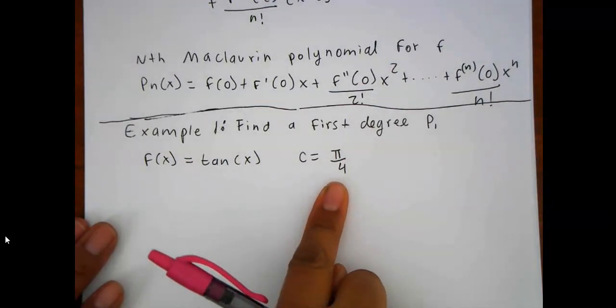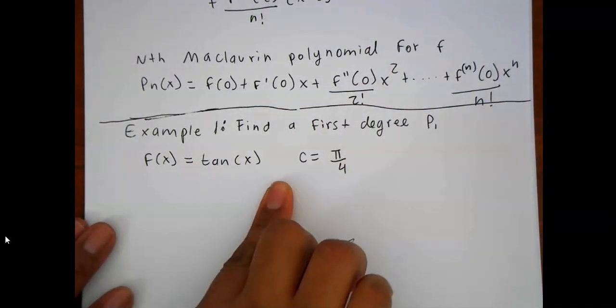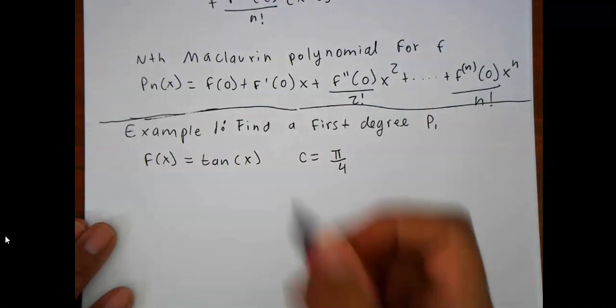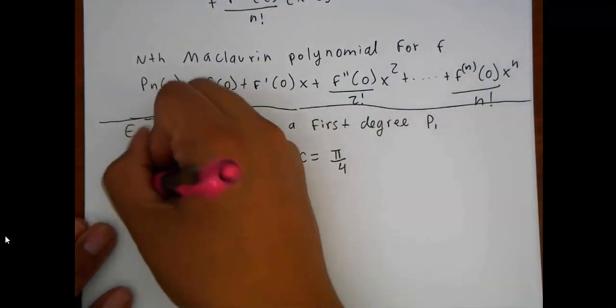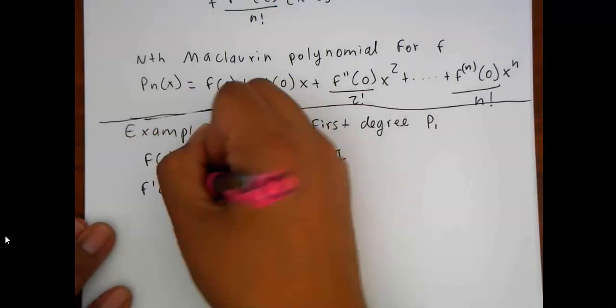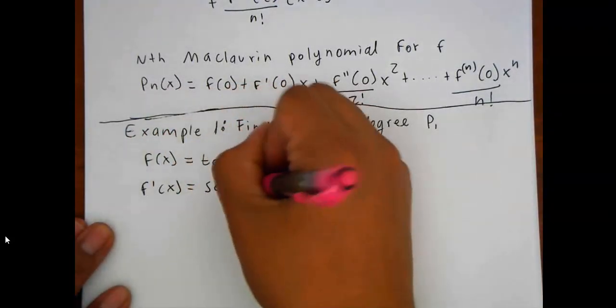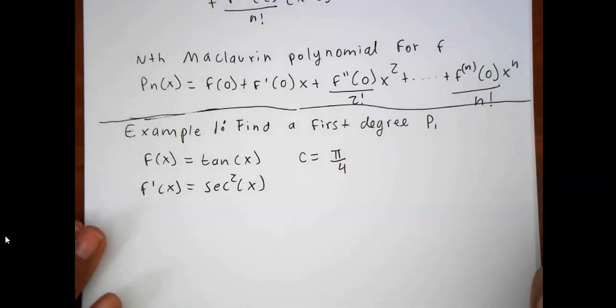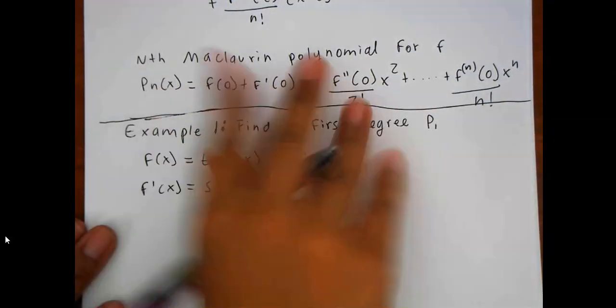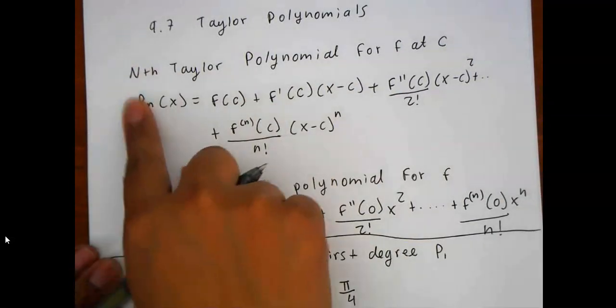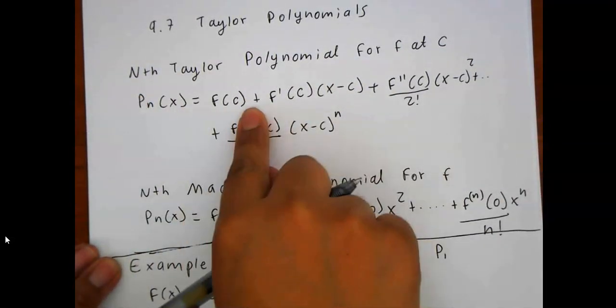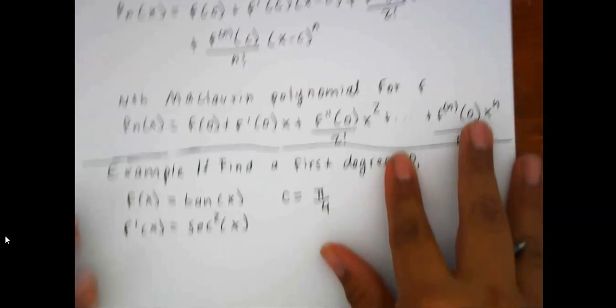Okay, so we have a function. We need the first derivative because it's a first degree. So we're going to do the derivative of tangent. The derivative of tangent is secant squared. Now we're going to plug into this function right here. We're just going to do the first two, the function and then the first derivative.